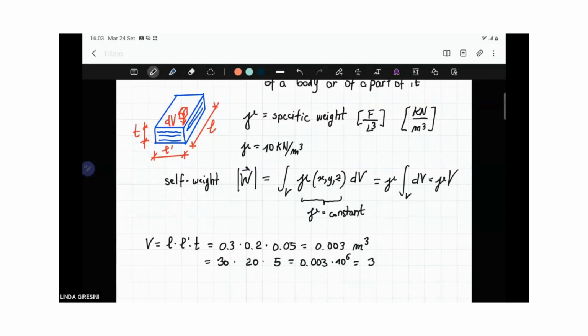So it will be 3000. So this is an equivalence.